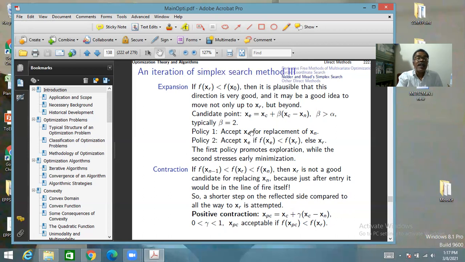However, the second policy tries to minimize the function quickly. And typically the second policy would be better if you are near the convergence, but initially you don't know. Okay. So both policies have their advantages. So you can choose any one of them and you can experiment which one is operating better for the functions you try with. Okay. Now this is the best case scenario.